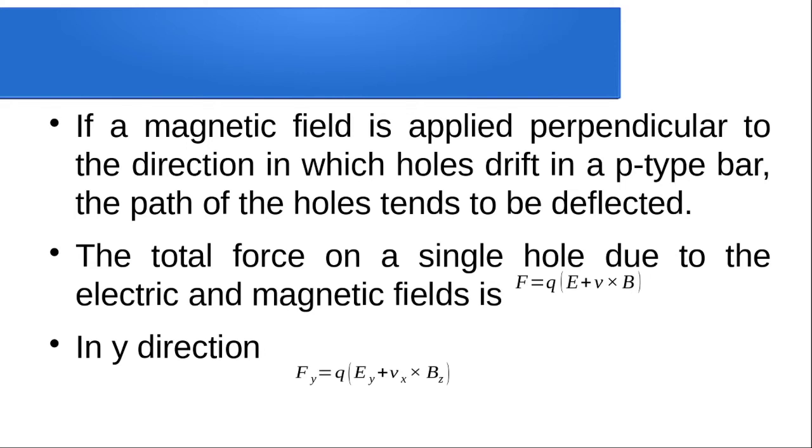The path of the hole tends to deflect. And this force can be mathematically represented as F, the force, equals Q into electric field plus drift velocity into magnetic field.